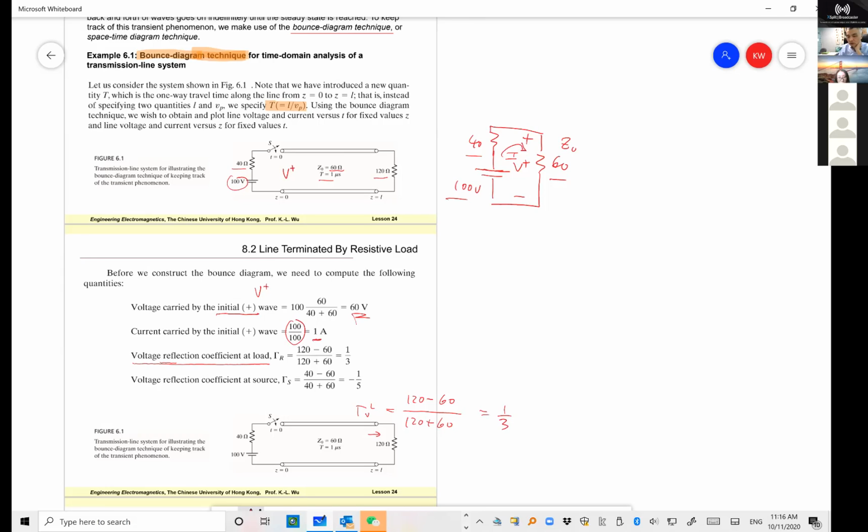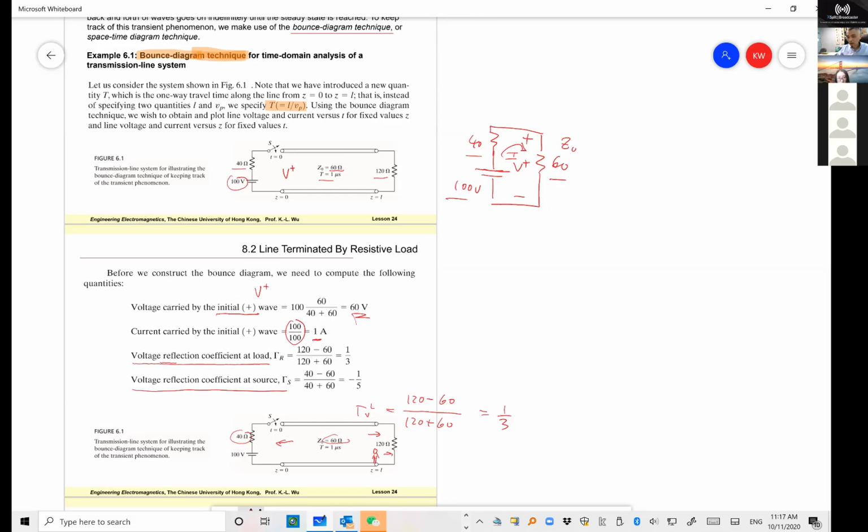Then the reflection coefficient at the source: the source resistance becomes low. Intrinsic impedance, because you stand inside the transmission line, looking outside, right? When you look at the load, this is what you see.